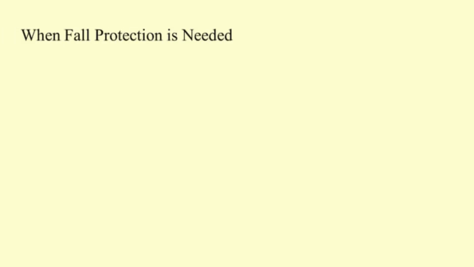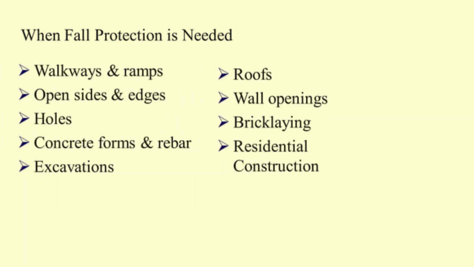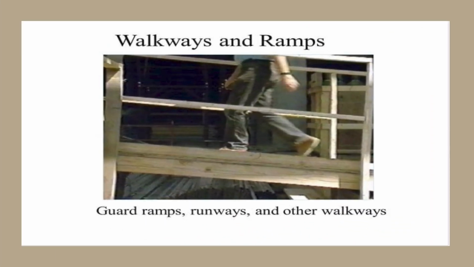When fall protection is needed: when a worker is working on walkways or ramps, open sides and edges, holes, construction forms and rebars, excavation, roofs, wall openings, bricklaying and residential construction, the worker needs a fall protection system for safe completion of the job.